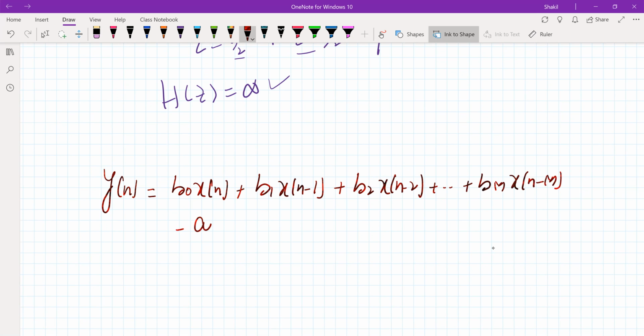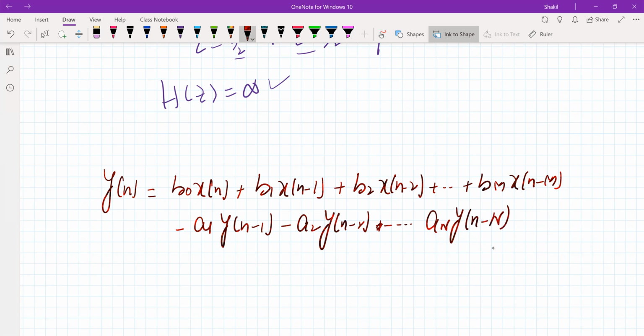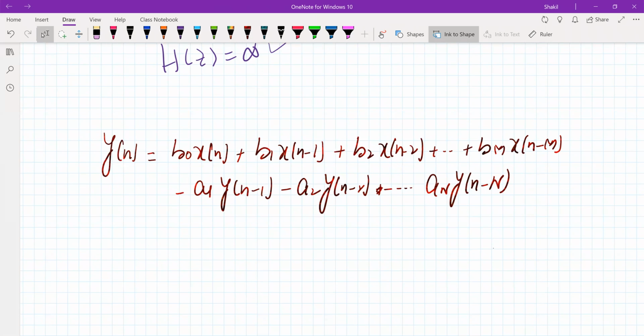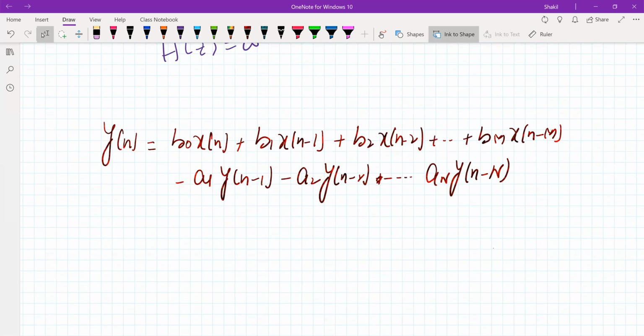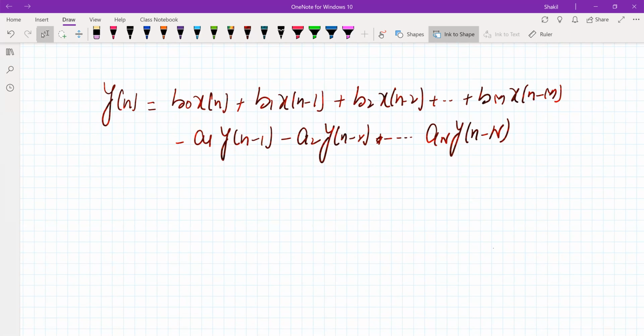So then it will be y of n equals minus a1 y of n minus 1, minus a2 y of n minus 2, and so on, minus aN y of n minus N. Right? So this is our difference equation that characterizes or represents our system.